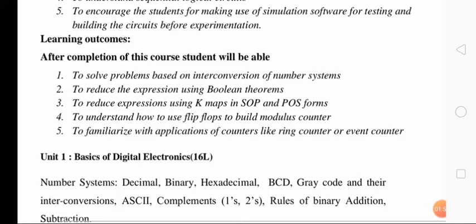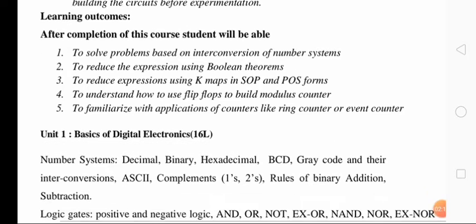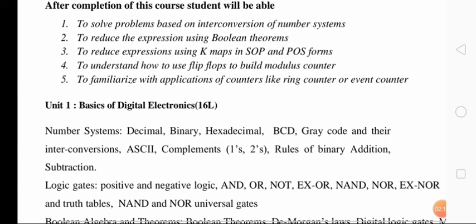In digital electronics, there are different expressions, and you have different Boolean theorems, so by using those you can reduce the expression. In this paper, you are going to learn K-maps, and by using K-maps, you are able to reduce the expression. Then you can understand how to use flip-flops and modulus counters, and you can familiarize yourself with applications of counters like ring counter or event counter.